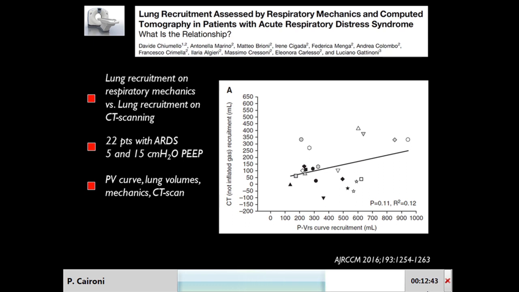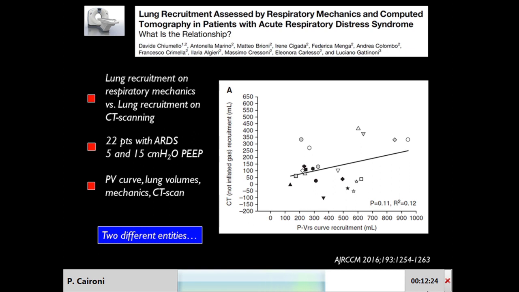And of course, there was no agreement between lung recruitment as estimated by respiratory mechanics, here just the PV curve method, and lung recruitment as calculated by the reduction of non-aerated lung tissue, but this is quite easy.